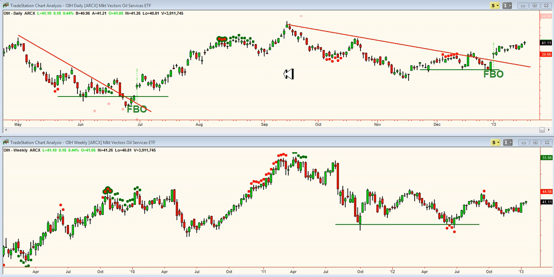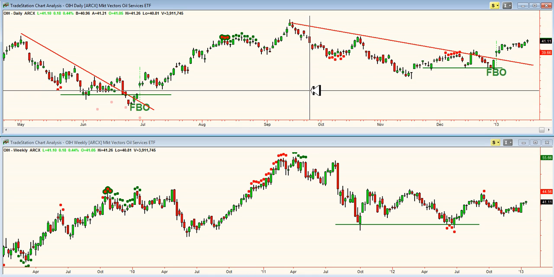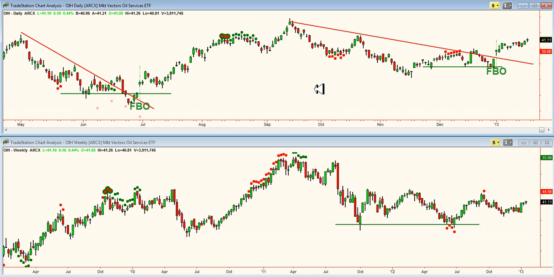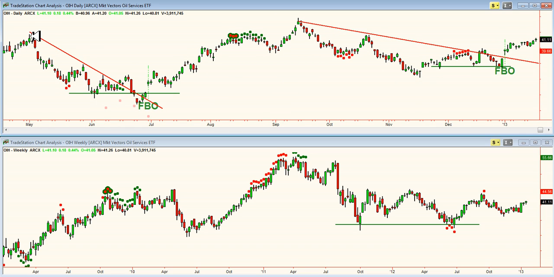False breakouts fire both to the downside and to the upside. Again, those that are bullish are green, and those that are bearish are red. Again, notice what's going on here. We've got a downtrend line. This is OIH. Downtrend line, looking for a continuation of that breakdown of trend.